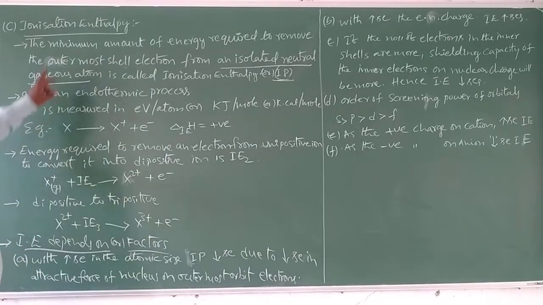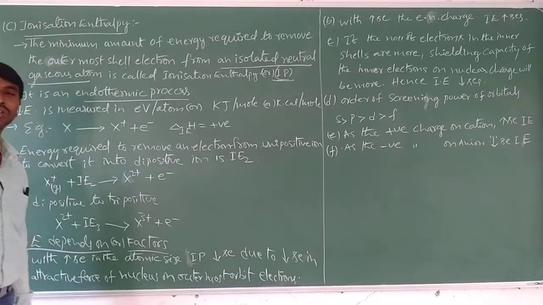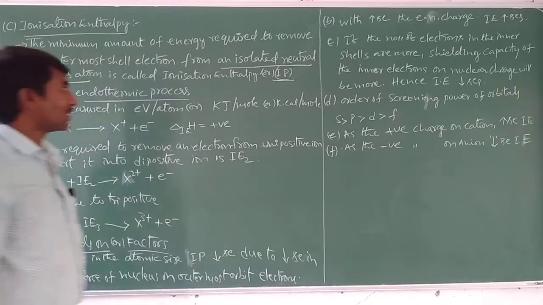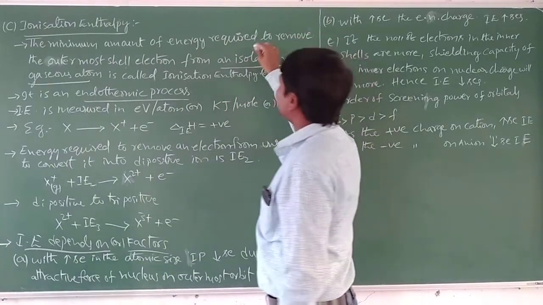It is an endothermic process. Why? Because energy is needed for the removal of electrons. That's why this is the ionization energy.